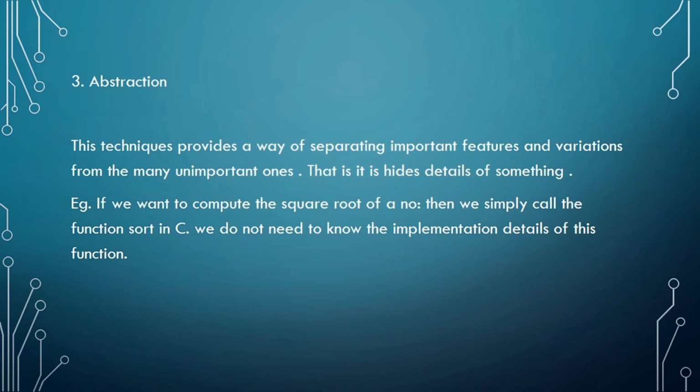If we want to compute the square root of a number, we simply call the sqrt function in C. In C we only need to import that function, which does the square root. We do not need the implementation details of how square root performs in the back. So abstraction means separating important and unimportant features.